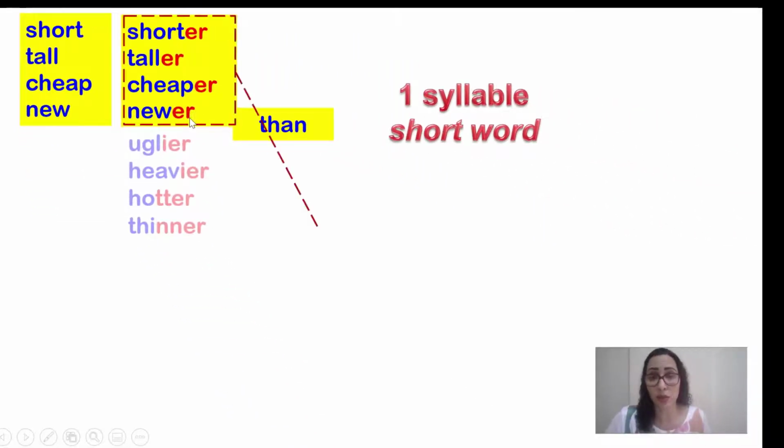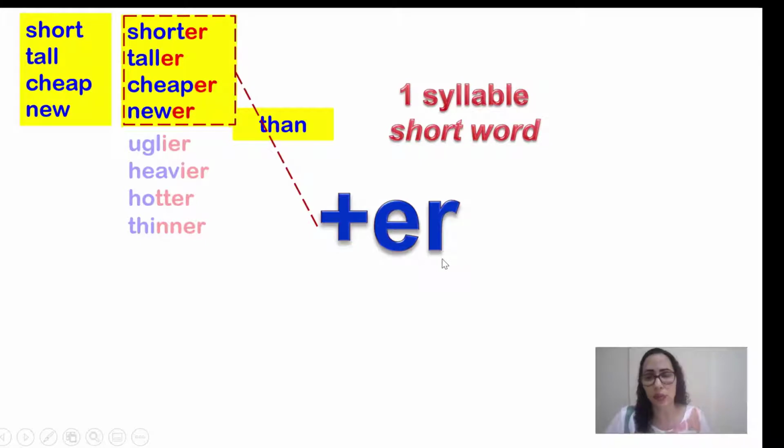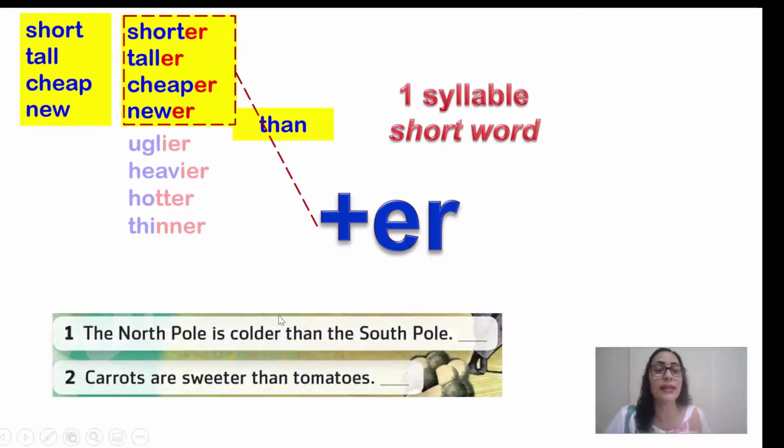You probably noticed that the rule here is to include ER at the end of the word. We had 2 examples in the text you read in roteiro de atividade. Look, the North Pole is colder than the South Pole, and carrots are sweeter than tomatoes.